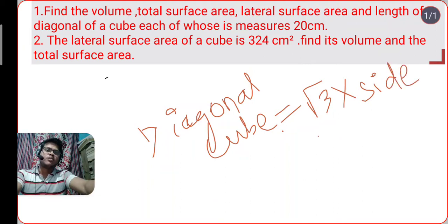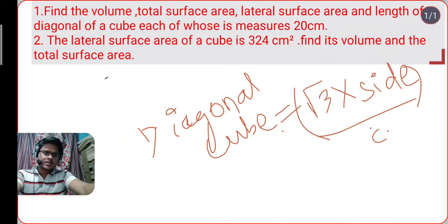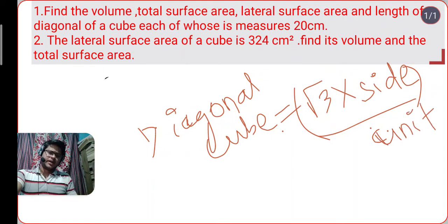For the unit, whatever is given, you have to write it. If it is in centimeter, write centimeter. If it is in meter, write it in meter.